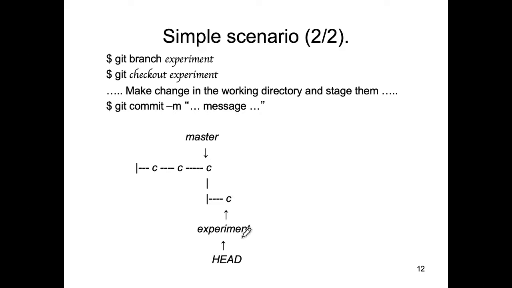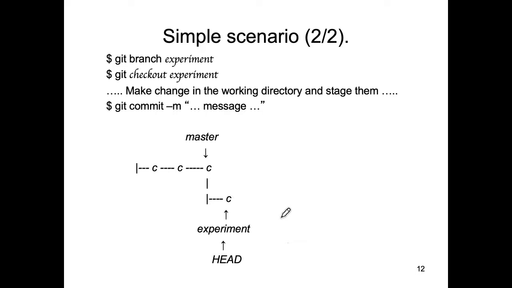My experiment branch file is pointing at the new commit, and head is pointing at experiment. This connection here happened as a result of this line here. And I might do some more commits along the experiment branch, but my master is still back here.